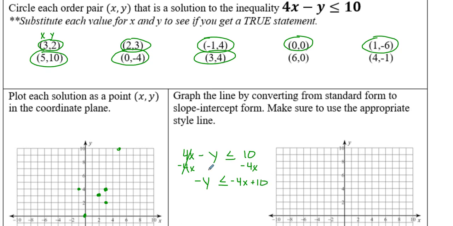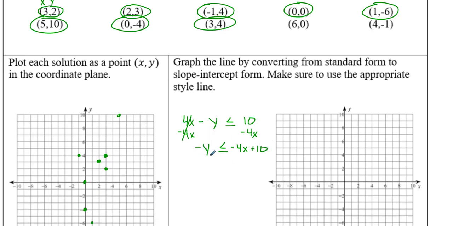However, when you end up with a negative variable that you have solved for, remember, it can never be negative. We need to distribute this negative out. We can do that by dividing every term by negative 1. But there's also another piece of information that you need to recall from inequalities. Anytime we divide or multiply by a negative number, this sign direction needs to flip.